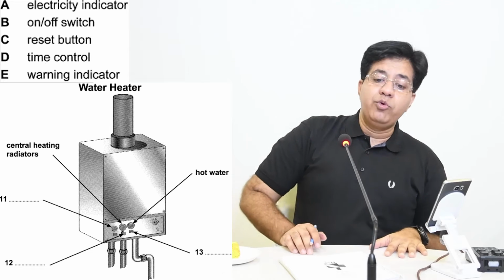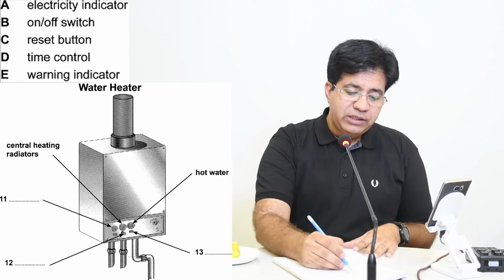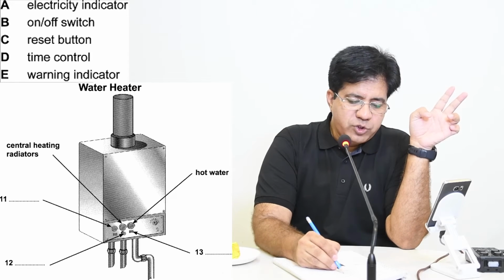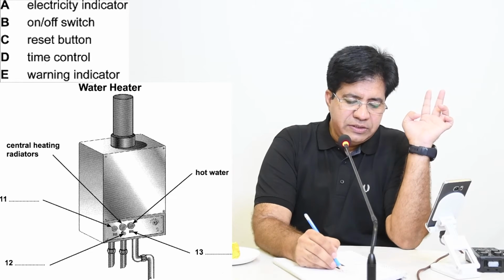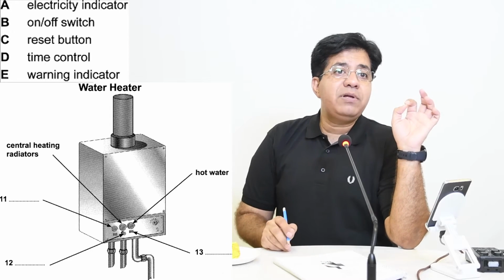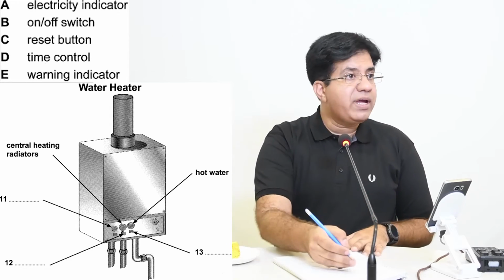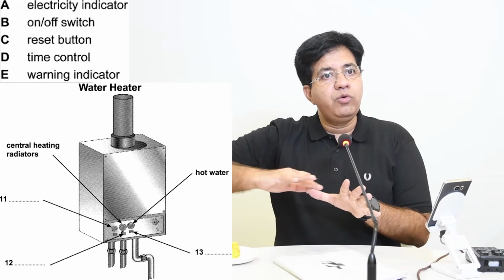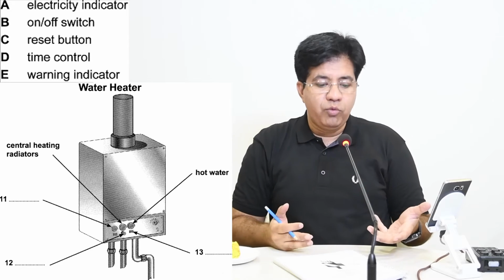Now, there are two ways of doing it. One way is that you read all these things: electricity indicator, option A; B, on-off switch; C, reset button; D, time control; E, warning indicator. Now you know what will happen when the audio goes on. If you get confused looking for A, B, C, D, the audio will go on and on, then you come back and you don't know what to do.